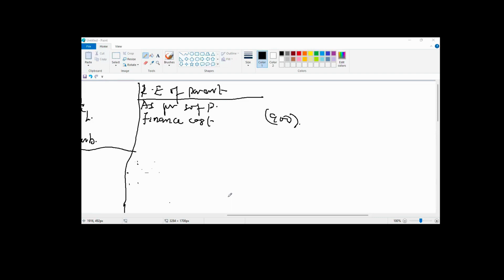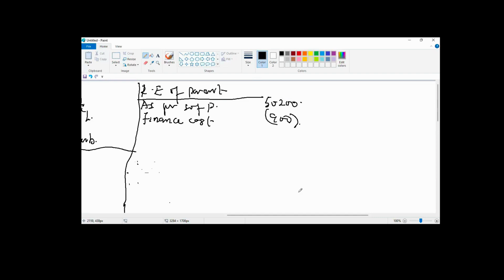For the subsidiary, I will just add 10 plus 14, and the parent as per SOFP, I will just add the two together. I will just add 26,200 plus 24, 5,200 straight. Thank you, my sister.